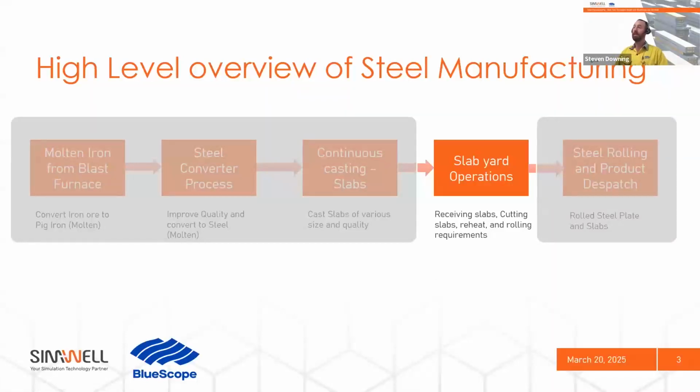These slabs are then all funneled into a centrally located warehouse, from which they are then delivered to either, on our site, the hot strip mill, or our plate mill, which is then rolled into our various products and then dispatched internally or externally to customers. So today we'll be focusing on the slab yard operations, specifically relating to feeding the plate mill as opposed to the hot strip mill.